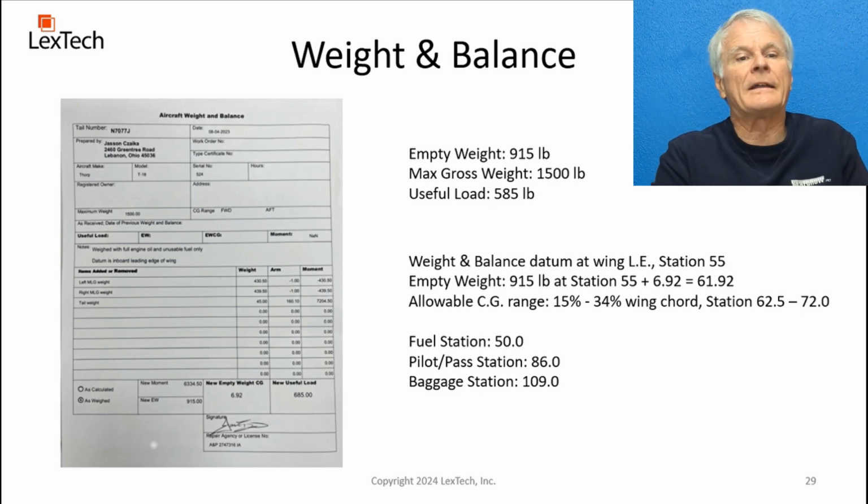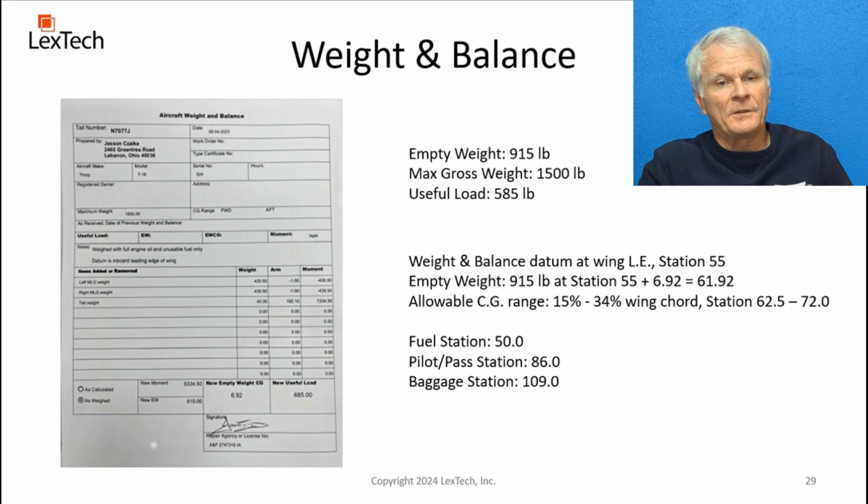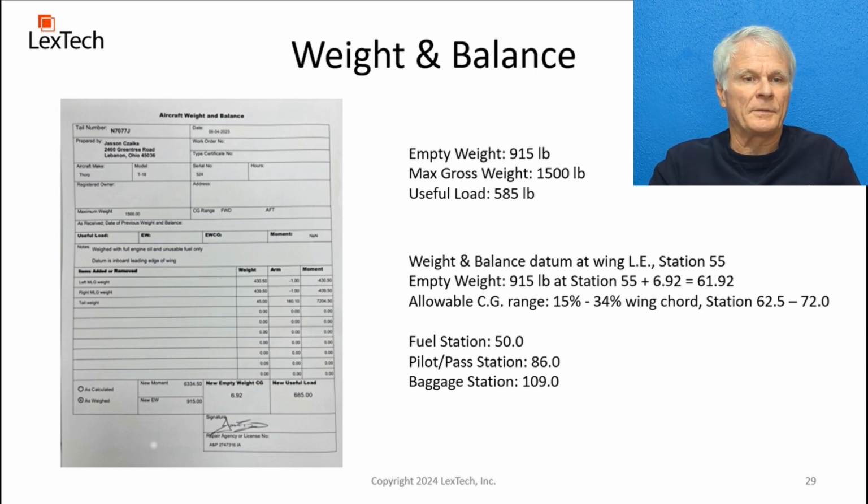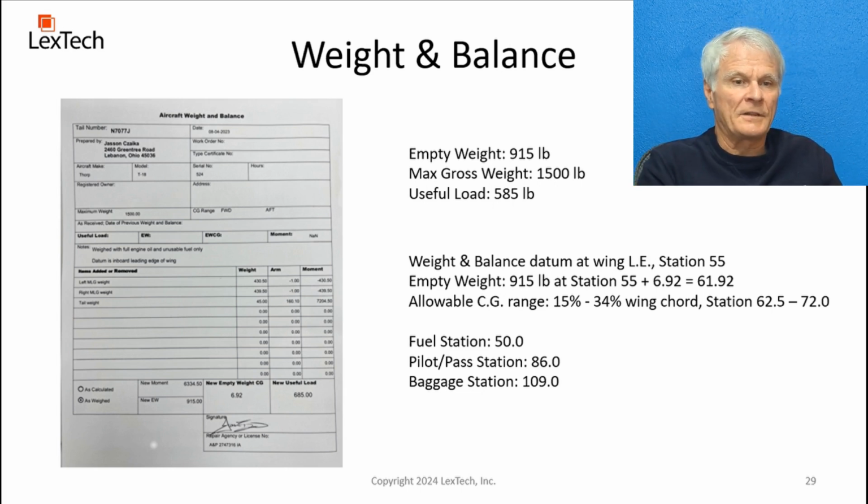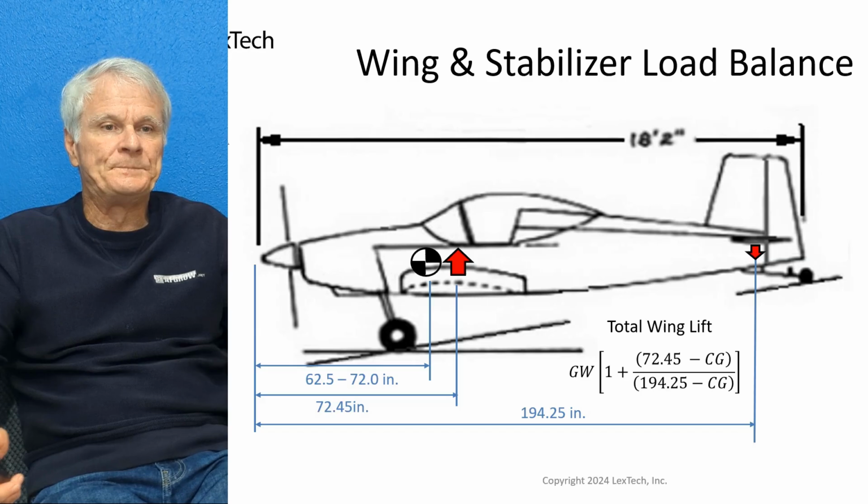And the allowable CG range of this airplane is 62.5 to 72. So with the weight in the pilot passenger seat, it brings us right within the proper CG range. The fuel station is station 50, pilot passenger is station 86, and the baggage is station 109.